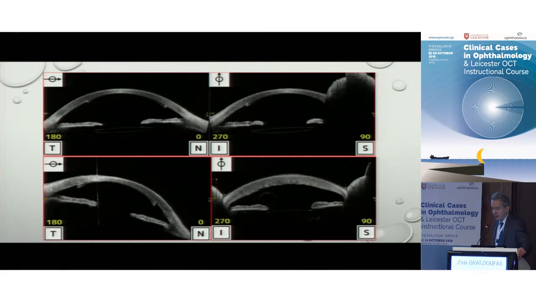Lamellar endothelial keratoplasty is another area where we use more and more anterior segment OCT. Here you can see status post DSAEK. We can check the centration of the graft. This is actually another case that I showed yesterday. Here you can see that the inferior part of this DSAEK graft is thicker compared to the superior part. And down here again you see the edges of the DSAEK graft and the centration.